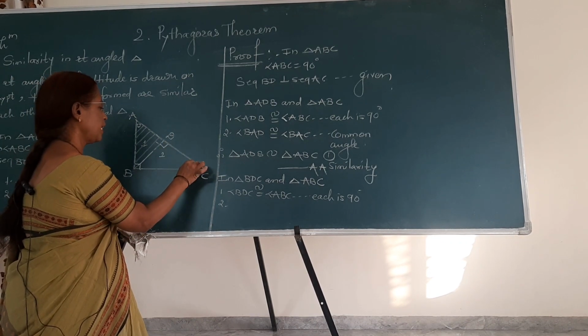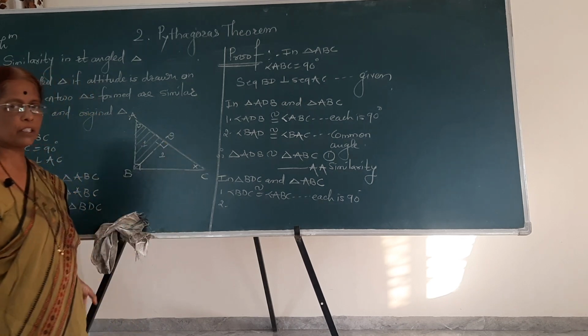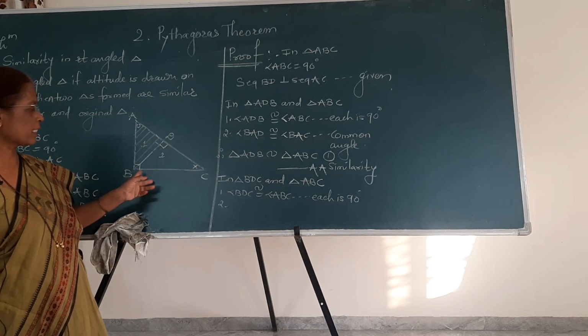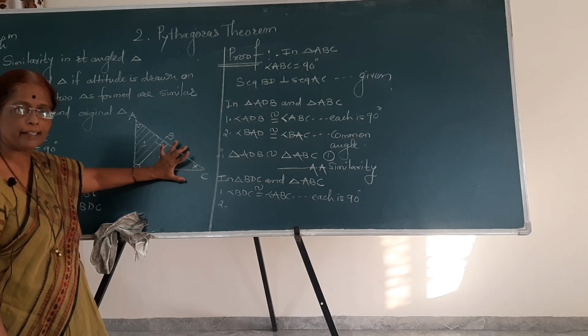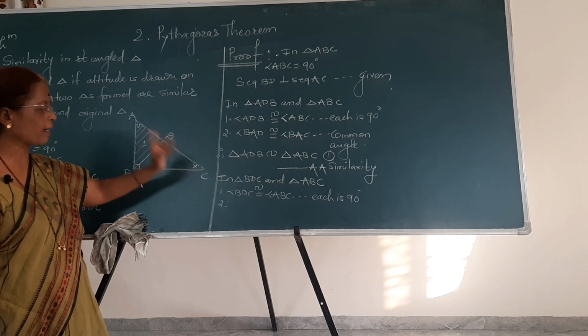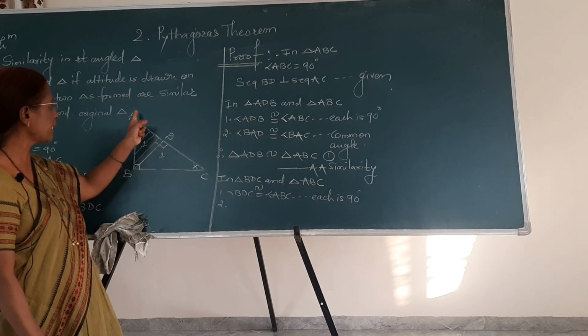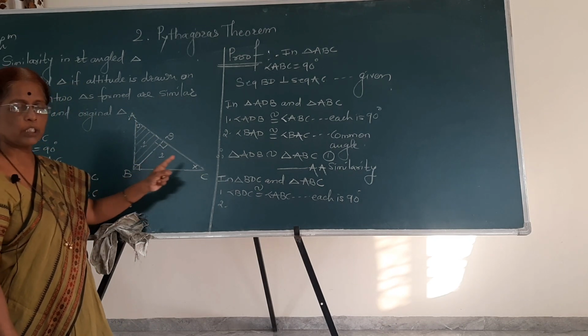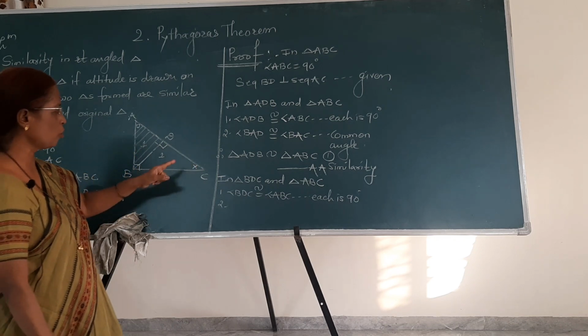Now second equation. Second equation we will have this angle C. DCB is the angle in the smaller triangle, whereas same angle we have to read in the larger triangle as ACB. Okay, so this is the common angle between these two triangles.